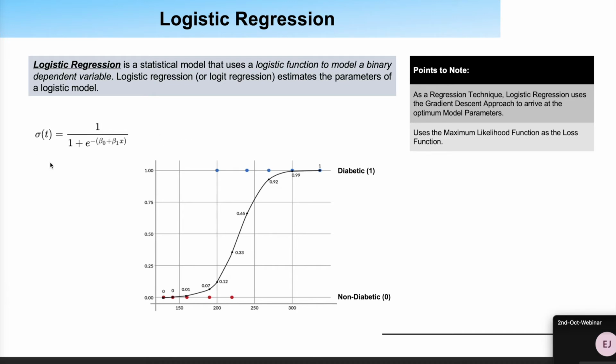Now here in this case, this is a logit function. In this expression it has the model parameters beta 0, beta 1, x1, beta 2, x2.